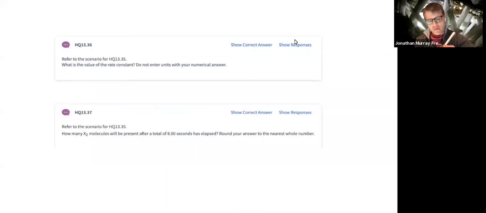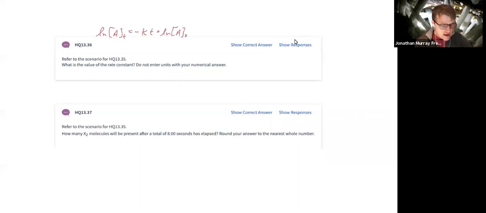The integrated rate law for a first order reaction is the natural log of concentration at time t, so time t is any time in the future, equals negative k, that's the rate constant, times time of the reaction, plus the natural log of A at time 0.